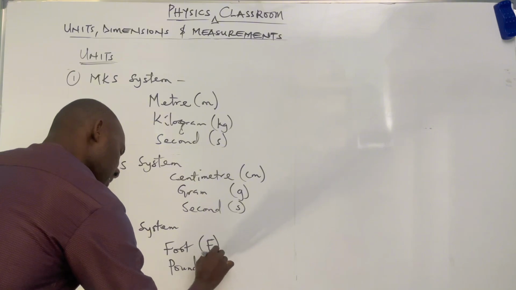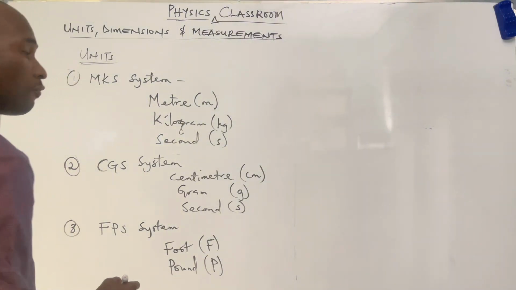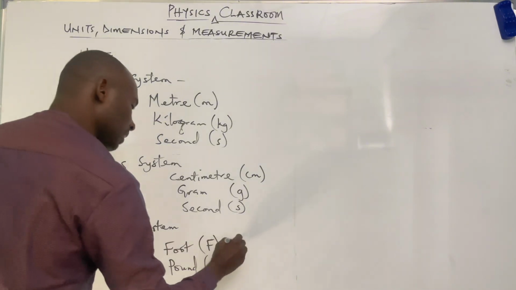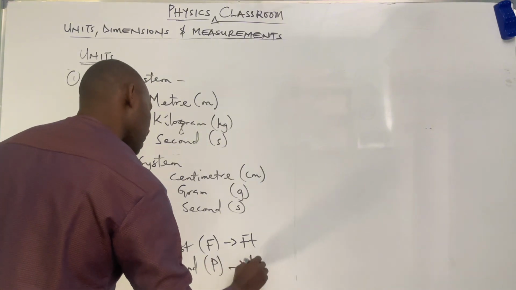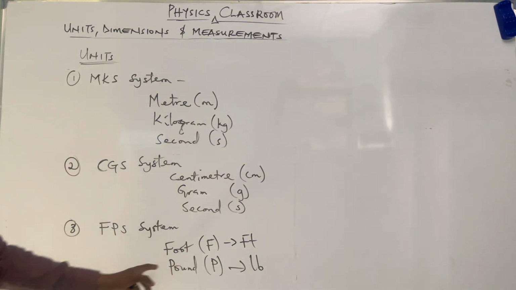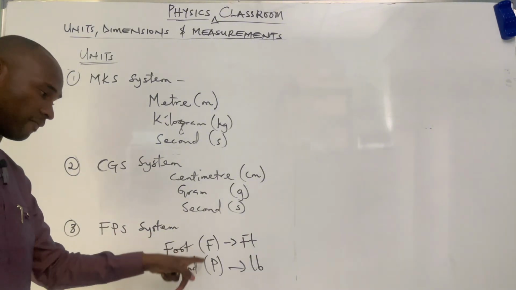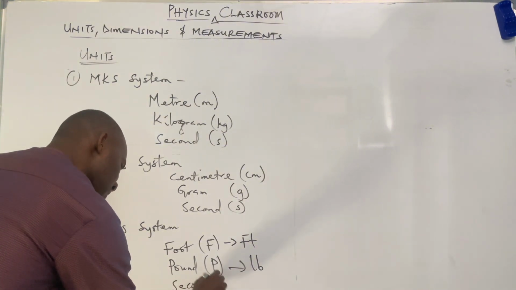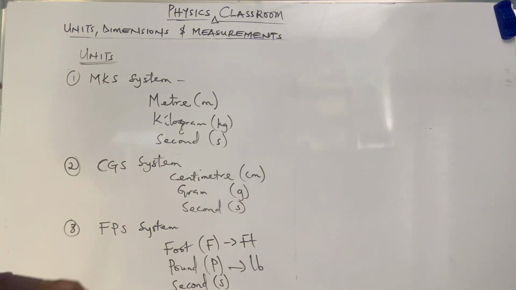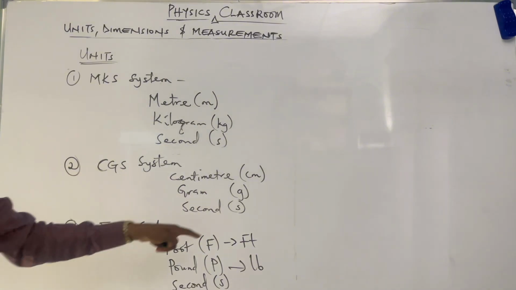Normally, we can just say P, but in real sense, it is LB that connotes pounds. Foot is connoted by the symbol FT. Pounds is being connoted by the symbol LB. Take note. But for this particular system, I just represent them as F and P. Then we have seconds. Of course, the unit for second is S. So that's how we have the MKS system, CGS system, FPS system.